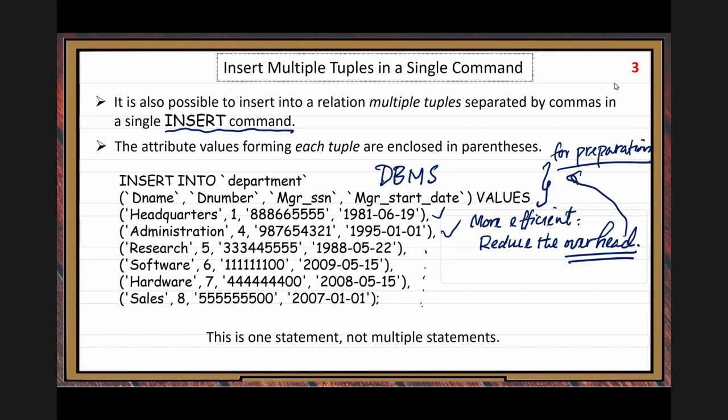We do not need to know the details. You just know some setting up preparation step is needed inside DBMS. Think about if we execute a single command one by one. Here, this multiple row insertion.